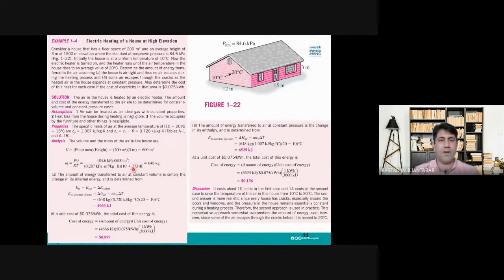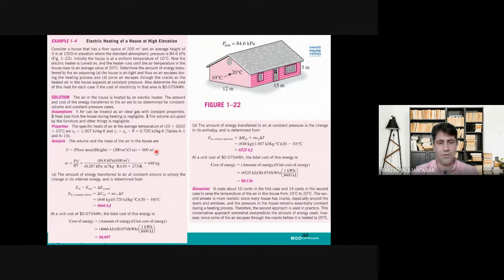How can we find the mass of the air inside the house? By using the ideal gas law, m equal to PV divided by RT. P is the pressure, V is the volume, R is the gas constant, and T is the temperature of the gas.